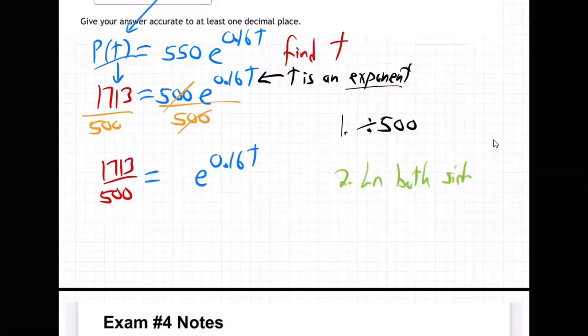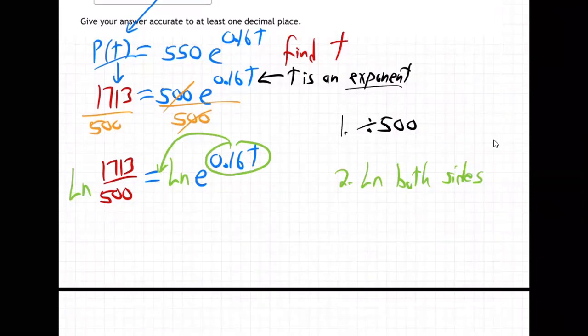Logs are the opposites, the inverses of powers. That's how you get things out of the power zone. You do the ln of both sides, and then that whole power drops down to the front. Remember that great property of logs, that powers come down to the front. So that'll make it easier.